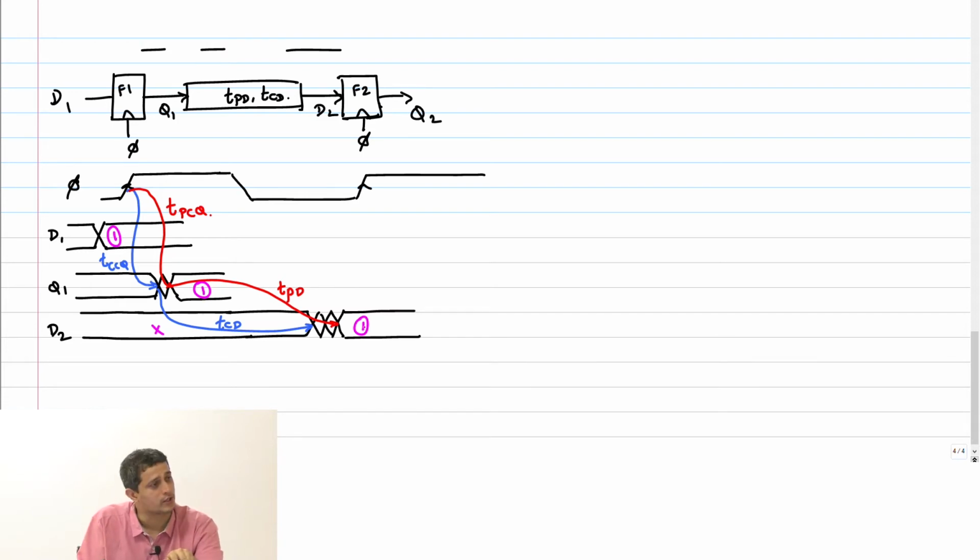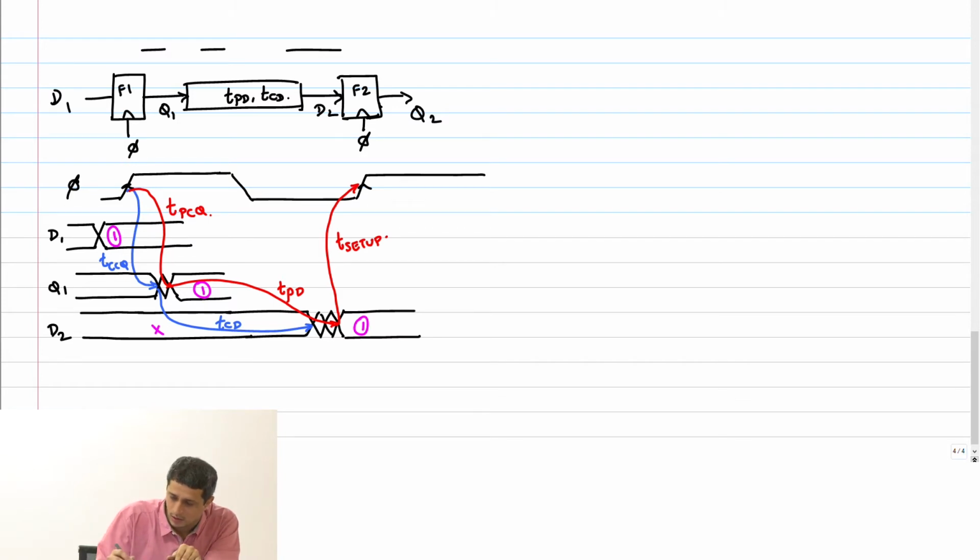So, in order for this event 1 to be captured, what is the constraint now? It should settle a setup time before the next clock edge. So, therefore, this has to be T setup, correct? This is your clock period.